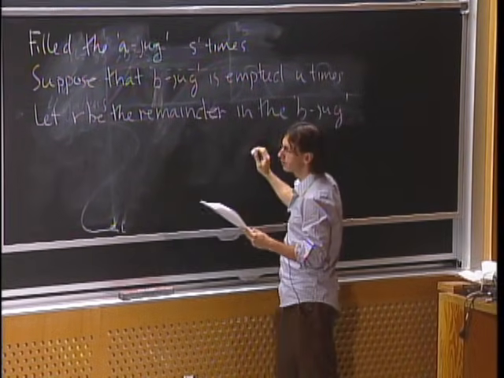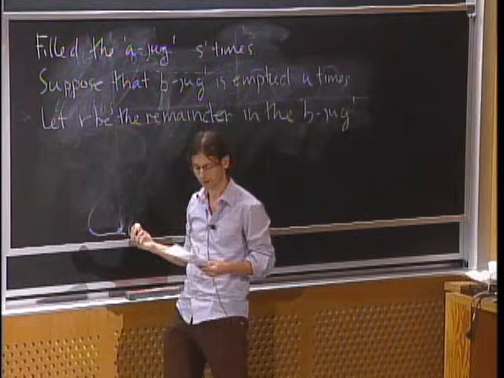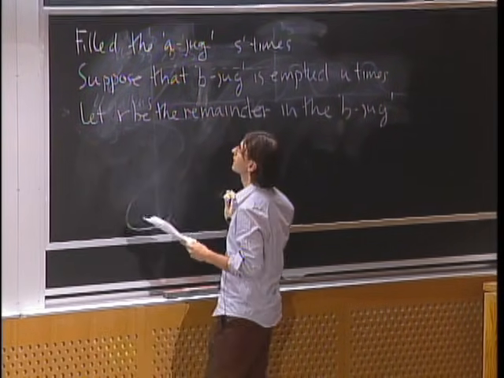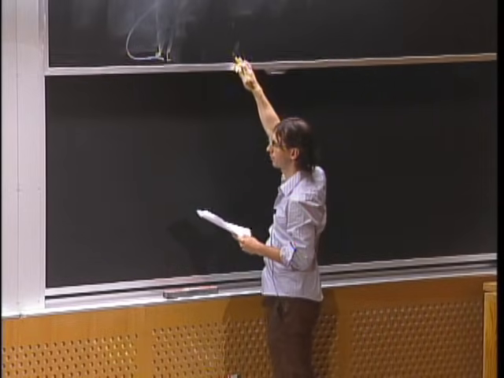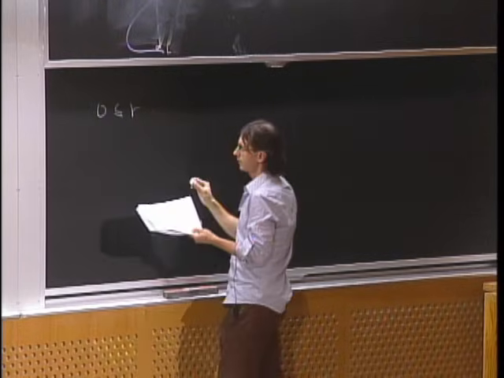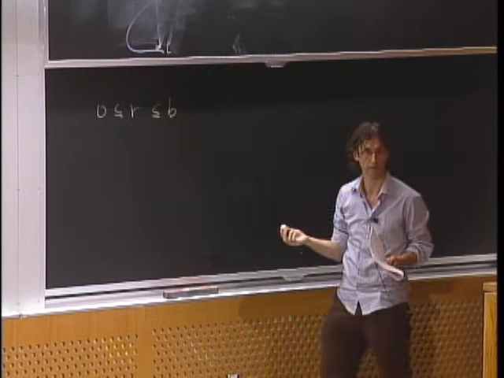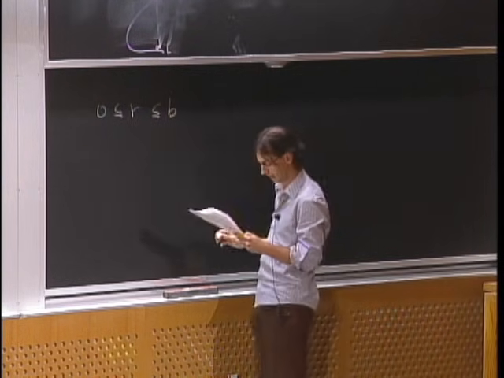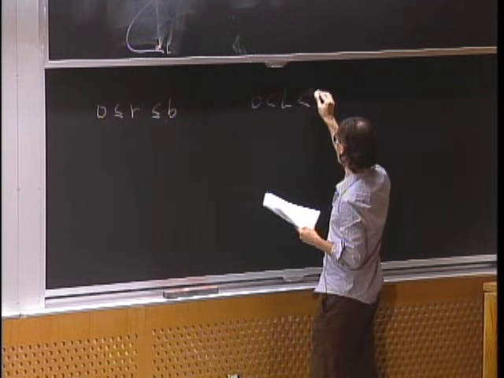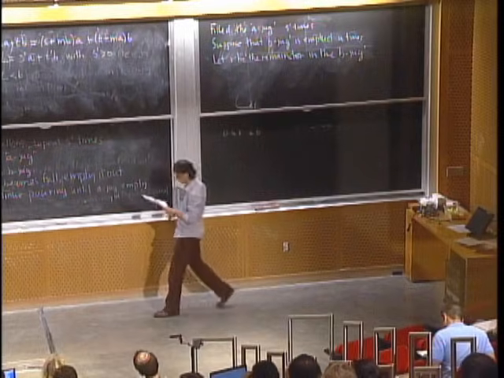So now we can continue. If R is what is left in the B-gallon jug, we already know some property of it. Actually, let's put it on the next board. We know that 0 is at most R and at most B, because that's what's left in the B-gallon jug, right? So we know these bounds. We have assumed that 0 is less than L is less than B, which we put over there.